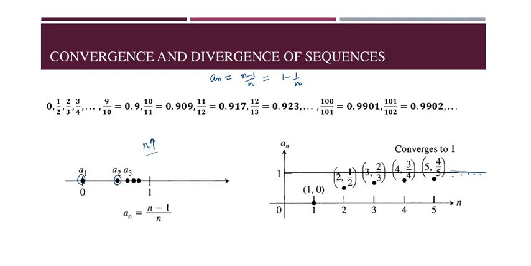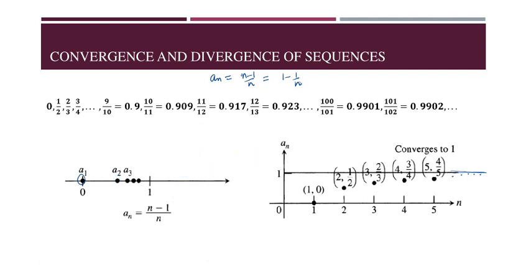But how close to 1? If my n has increased till 100, then I am going closer towards 1. And if my n has increased to 10 to the power 6, then also I am going closer towards 1. But of course, if my n is this large, I am much closer to 1 than in this case, right? That I want you to understand.